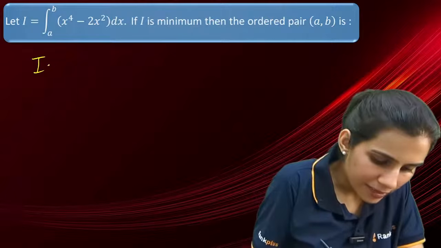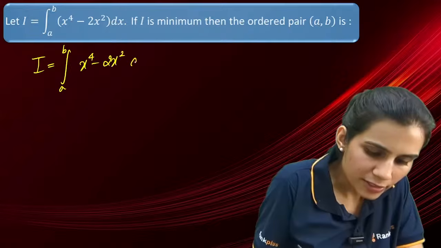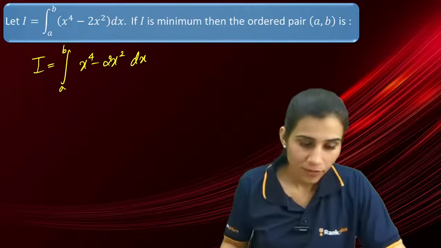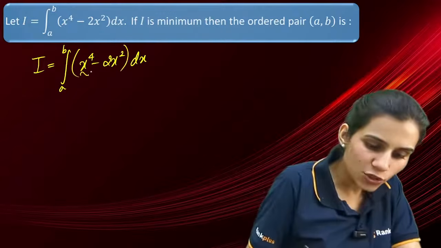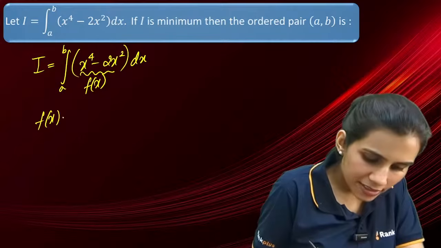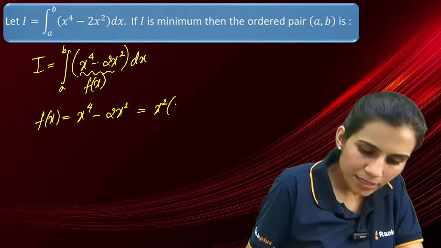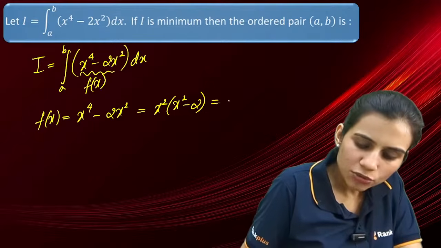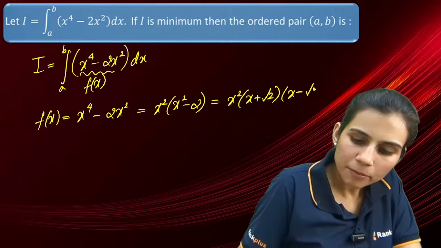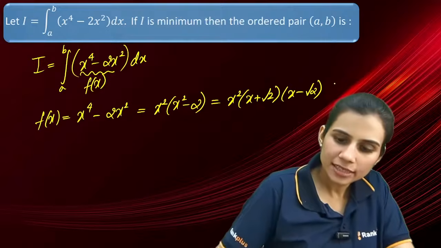What is my I? Integral a to b of x to the power 4 minus 2x square dx. Now, obviously here the entire analysis is towards the integrand, which is f of x. So if I consider the integrand separately, it is this. x square comes out common, you get x square minus 2, which gives you x plus root 2 and x minus root 2, equal to 0.